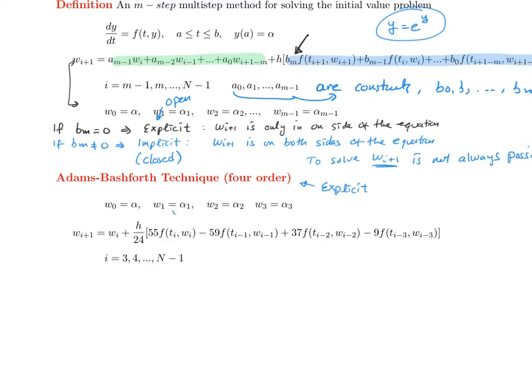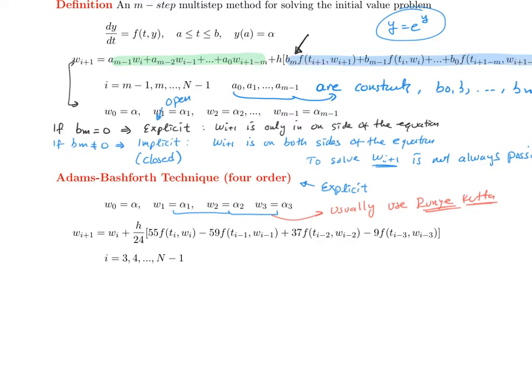So, to generate these remaining values, you usually use the Runge-Kutta method to produce these values. And once you produce these values, then you can apply this method.